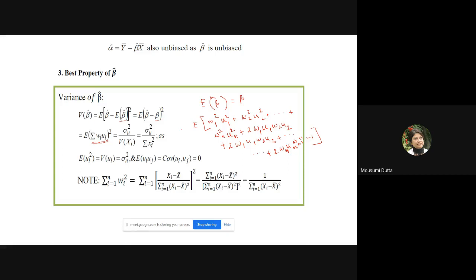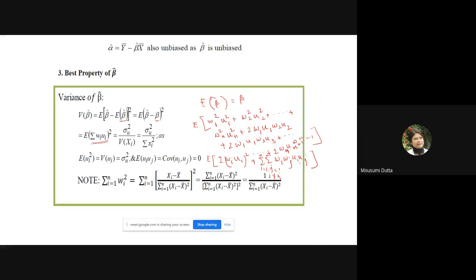So better to write this expression. Expectation of summation wi ui whole square plus double summation i is equal to 1 to n, j is equal to 1 to n, i not equal to j, wi wj ui uj.